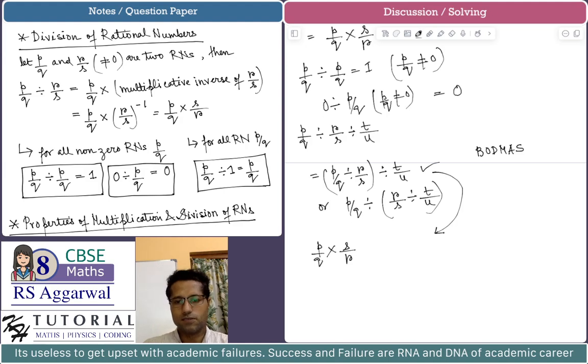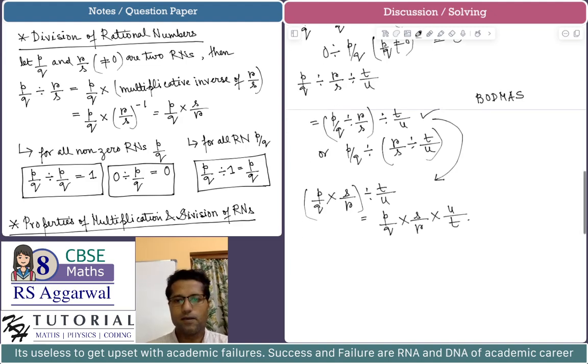So this becomes this, and then if you divide by t by u, using the same concept of division, this becomes p by q multiplied by s by r multiplied by u by t. So this is the result we get if we apply the first rule.